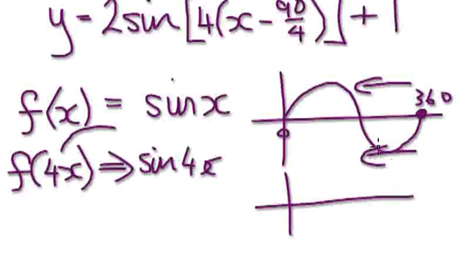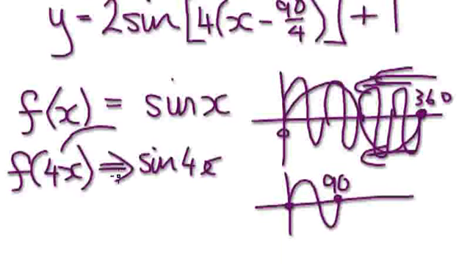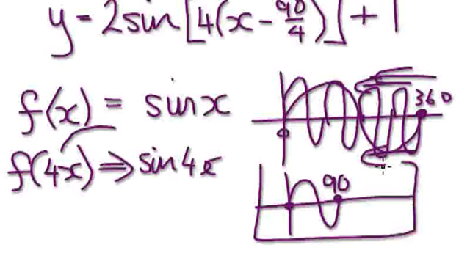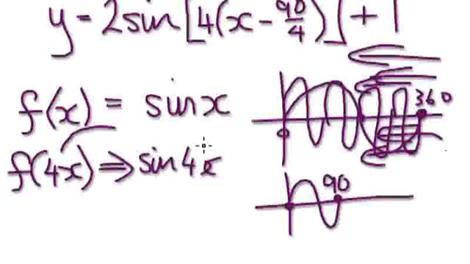So the sine will get squeezed inwards, and the period here would be 90, because you've got 4 cycles: 1, 2, 3, 4. Applying this transformation gives us this graph here.